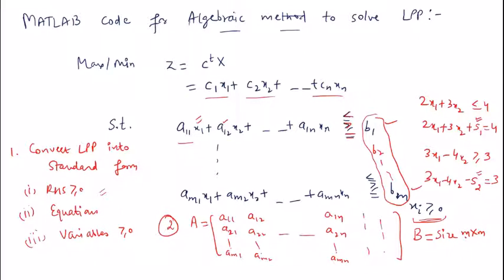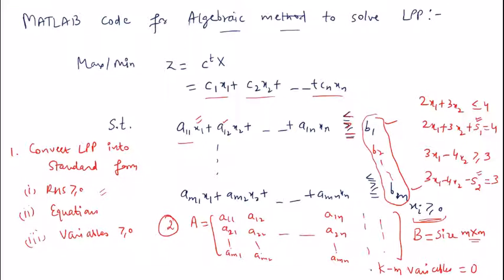Suppose K is the total number of variables, where n is the original variables and after converting to standard form, K is the total number of variables. Then K minus m variables will be substituted equal to 0, because we are just solving for m variables, and the remaining extra variables are substituted equal to 0.